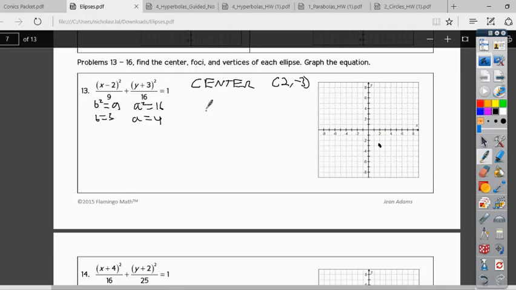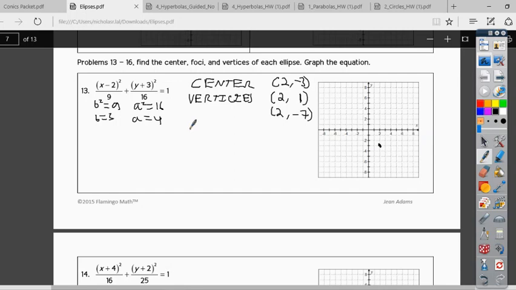So you have vertices. Remember, this is vertical, so they are going to be at 2, negative 3 plus 4, positive 1, and at 2, negative 3 minus 4 is negative 7.